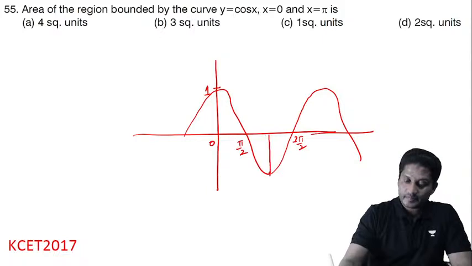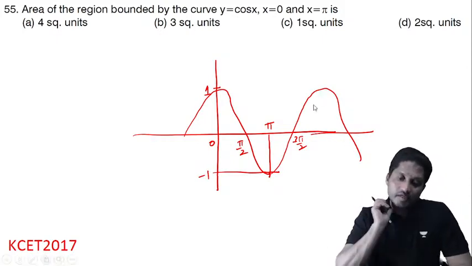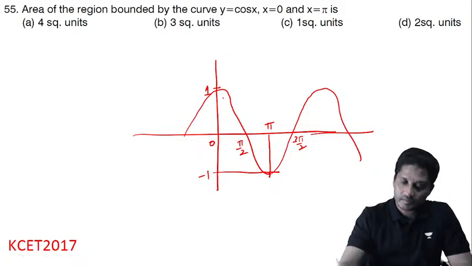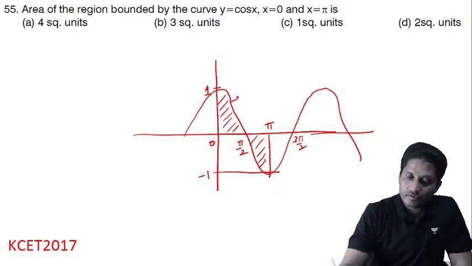Right, this will be pi. Cos pi is minus 1. Find the area between 0 and pi, this area I'm supposed to find. I'll find out only between 0 and pi by 2 and multiply by 2, you will get the full area.